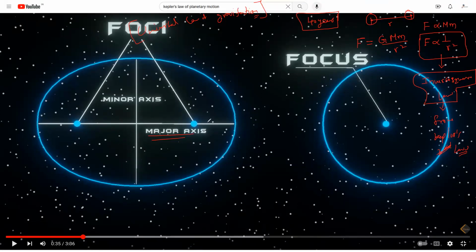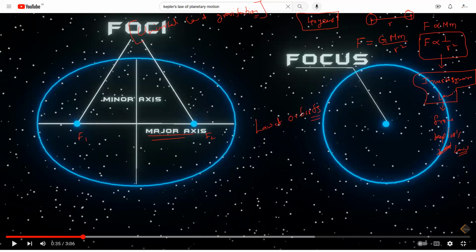The semi-major axis has 2 foci, F1 and F2. So the sun is present at either F1 or F2. We don't know which. Sun is present at any one of the foci, and planets revolve around the sun. That is Kepler's first law. Are you clear, everybody? We call it the law of orbits.